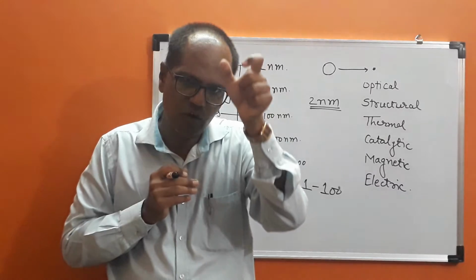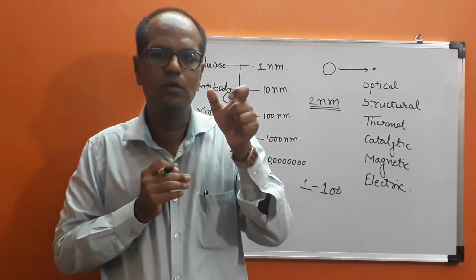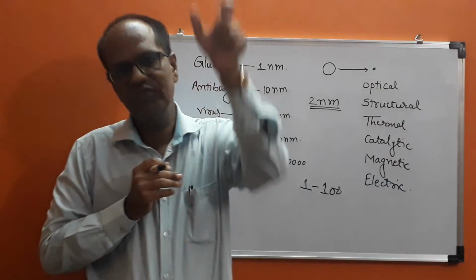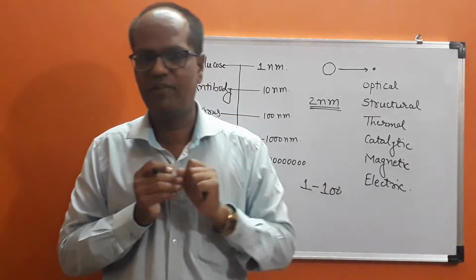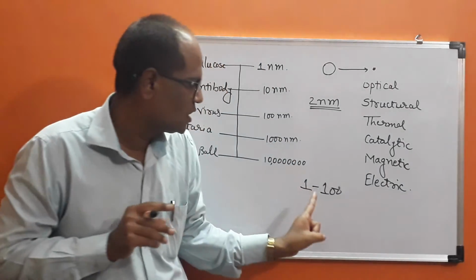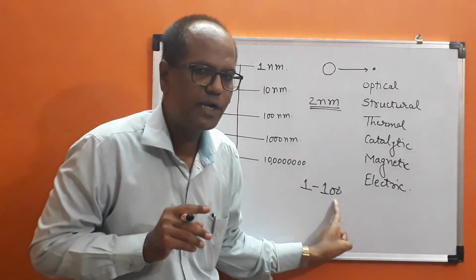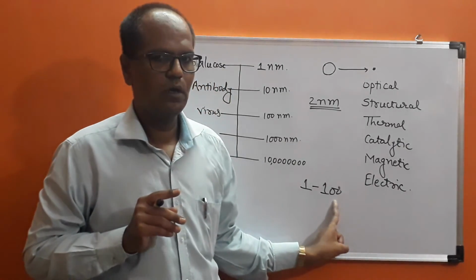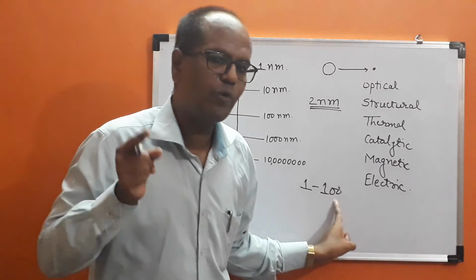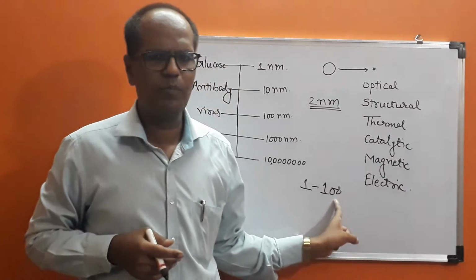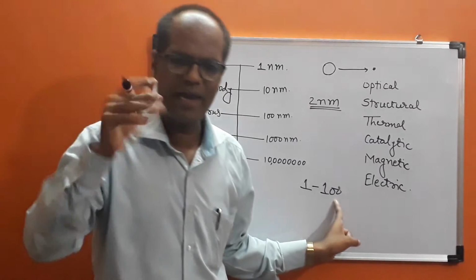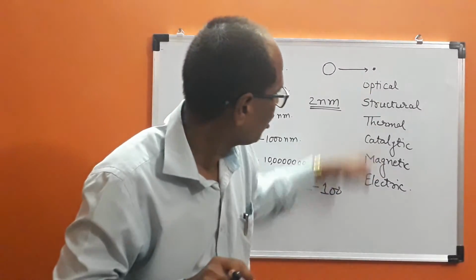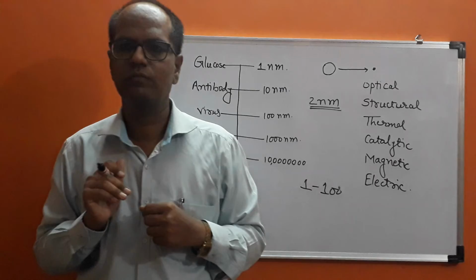Means if we control the size of the substance at the nanometer level, if any one of the sizes is between 1 to 100 nanometers, then the physical properties change. What are those physical properties? Maybe optical property, thermal property, electrical property, magnetic property, catalytic property, all these properties I have written at this place.